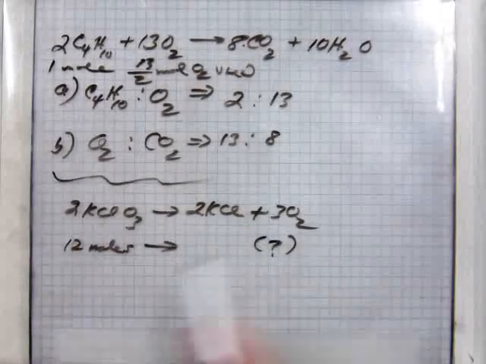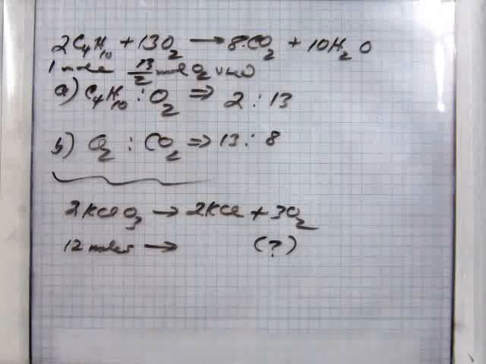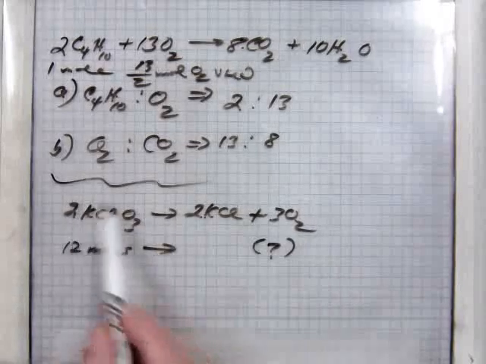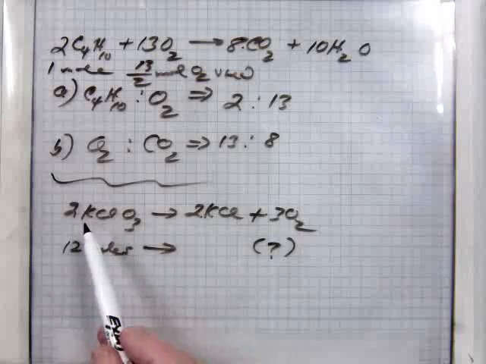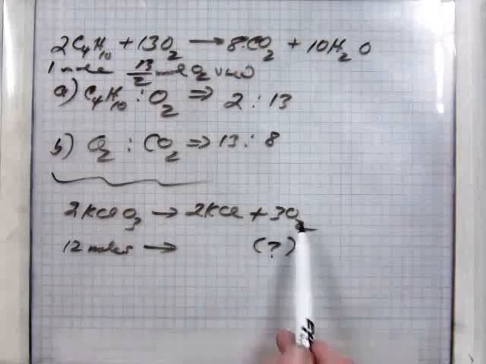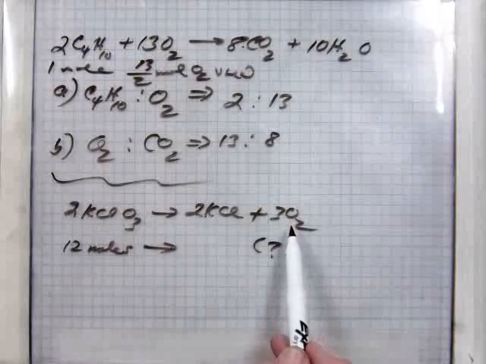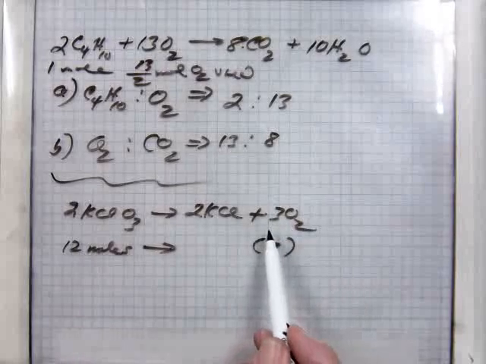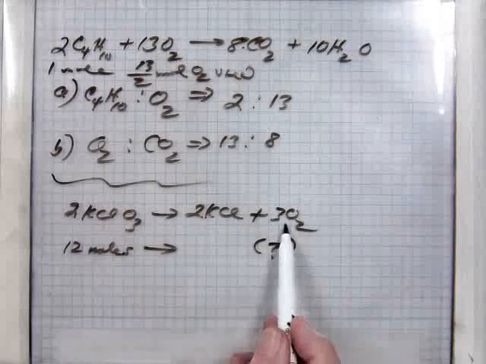Well, 2 goes to 3, 12 goes to what? All right, let me show you some tricks here. Look at the standard equation up here. You're given KClO3 down here, and the problem's asking you about O2. Is the coefficient bigger than a 2 or smaller than a 2? It's bigger.